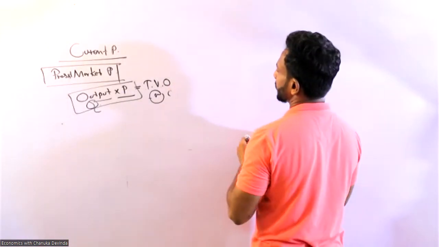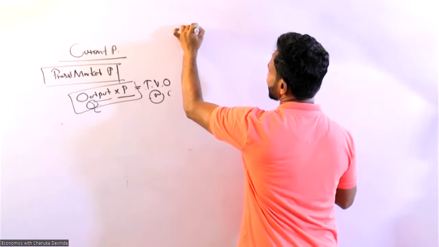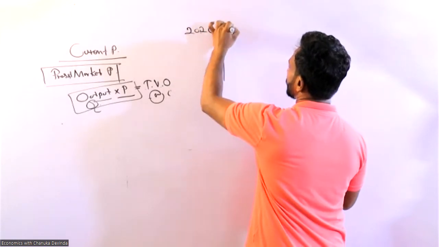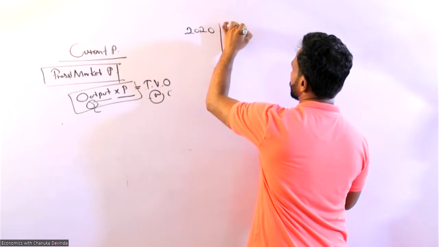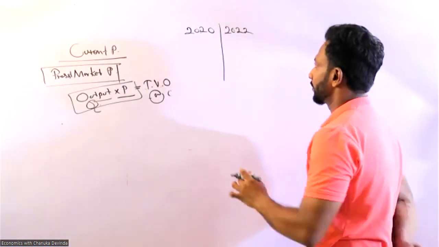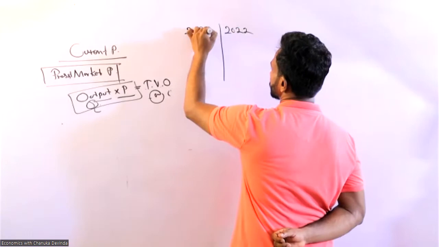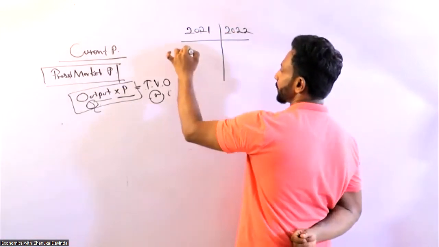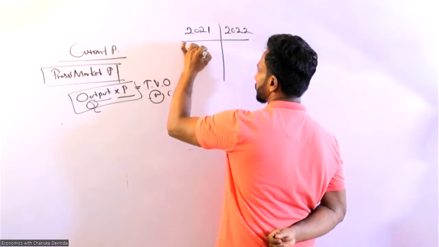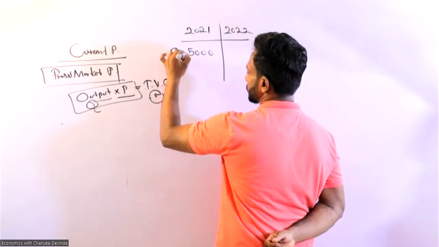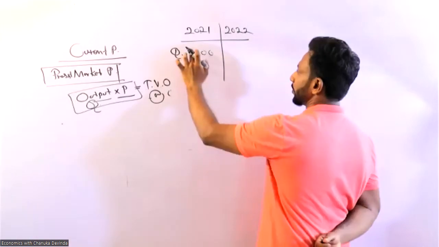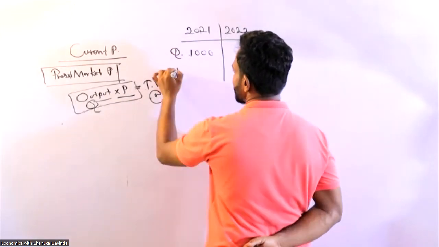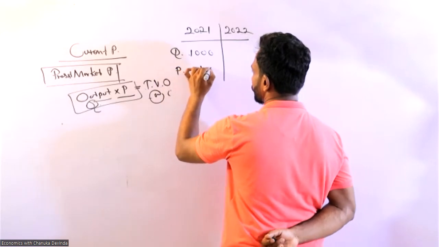Let's say in 2021 and 2022, right, the output quantity is, let's take the simple way, just 1,000, and the price is 100.